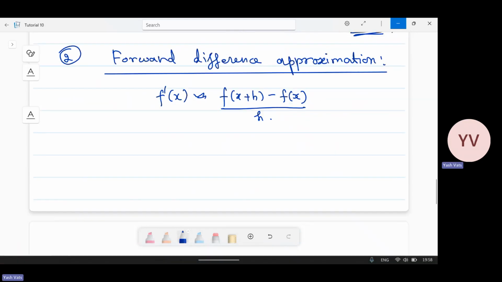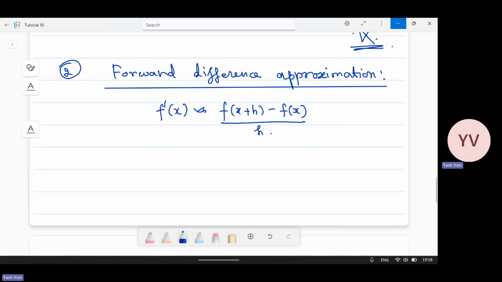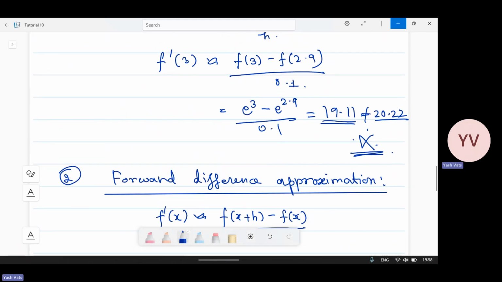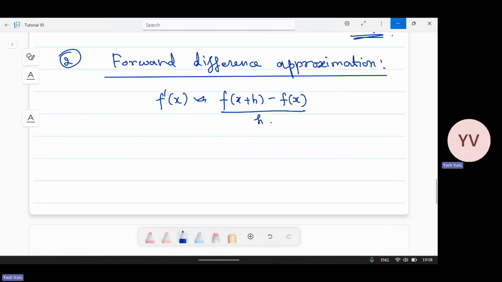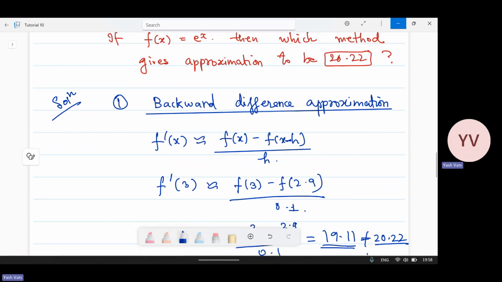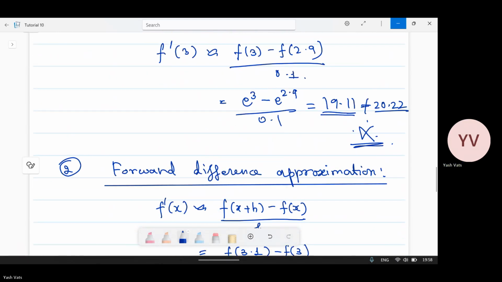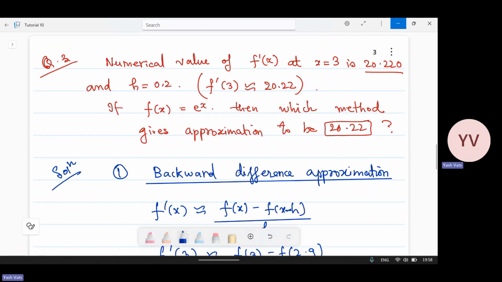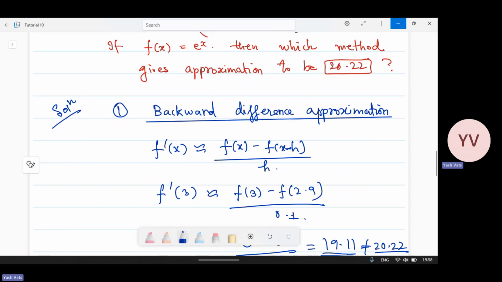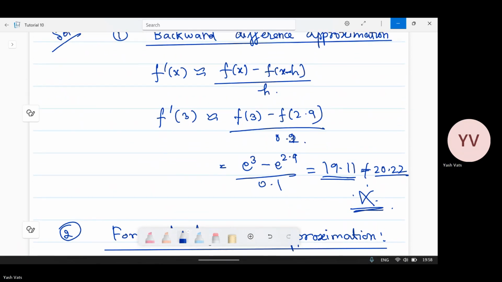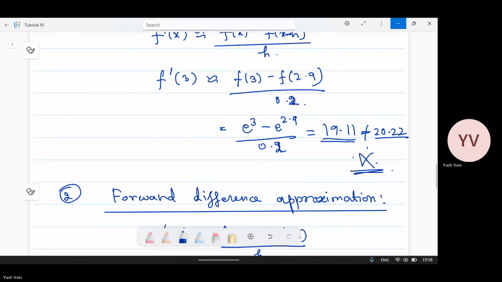So what we do in that case, you have f of x plus h, which is f 3.1, minus f 3 upon 0.1. X is 3, right? Sorry, h is 0.2, not 0.1.